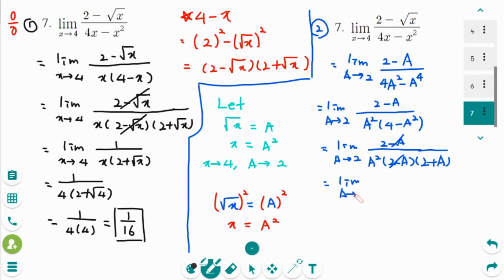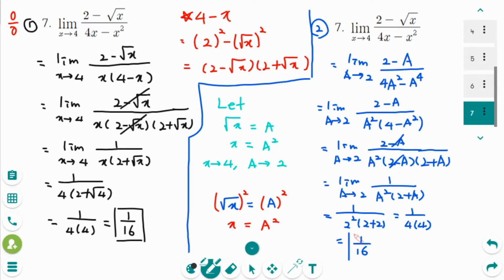Then simplify. Then put 2 into a, it is 1 over 2 squared times 2 plus 2. So 1 over 4 times 4, which is 1 over 16. Finally, we get the same answer.